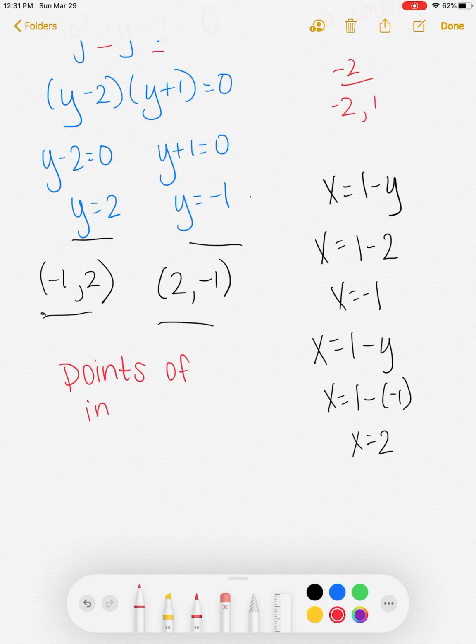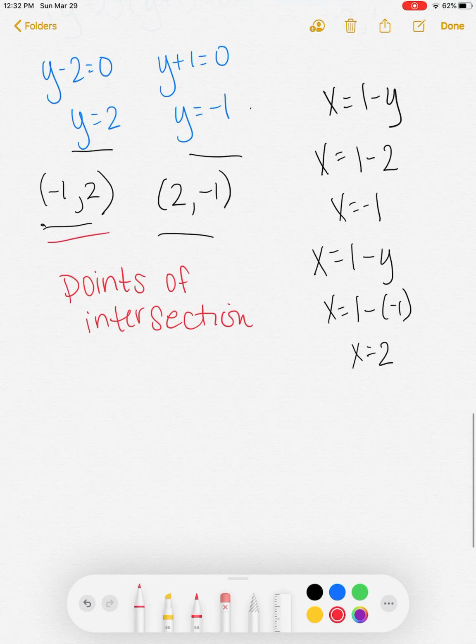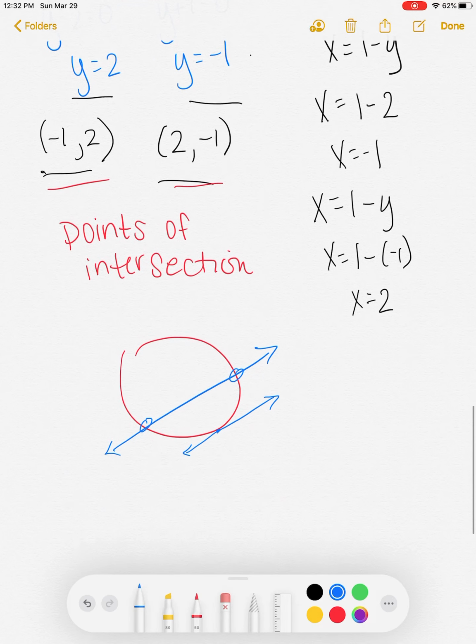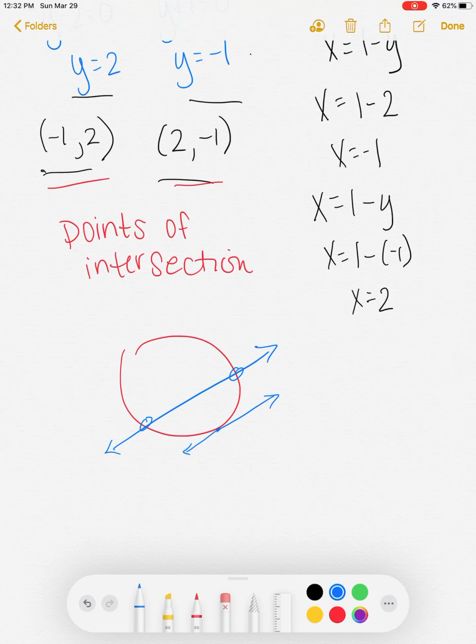Points of intersection, which makes sense why we would have 2, because if I was graphing a circle, it looks like this, and if I graph a linear, unless that line is totally tangent, it's going to cross through and have 2 points of intersection, here and here. The only way it would have 1 is if it was a tangent line. But this is not, so I have 2 points of intersection.